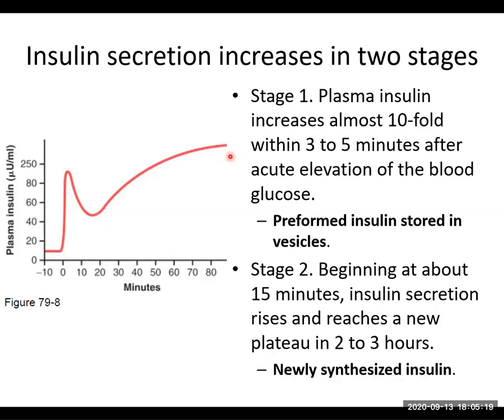Because the beta cell now knows that it needs to produce insulin, it will work to continuously produce the insulin for 2-3 hours. So that's the two phases of insulin secretion after a meal.